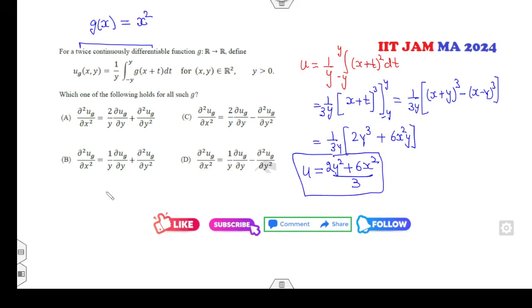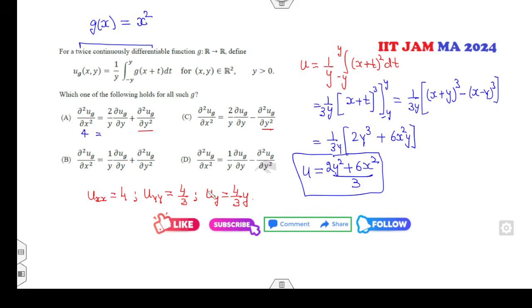Now you can see the options. Your target is to find the uxx. Find the second derivative. That is my 4. u y y. U of y will be 4 over 3 y. Now substitute the given options.